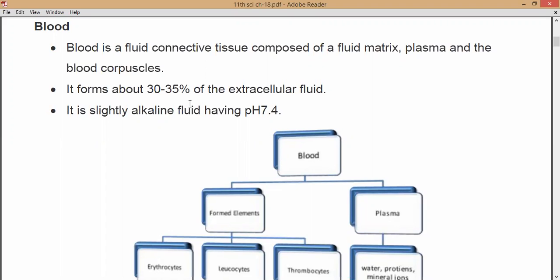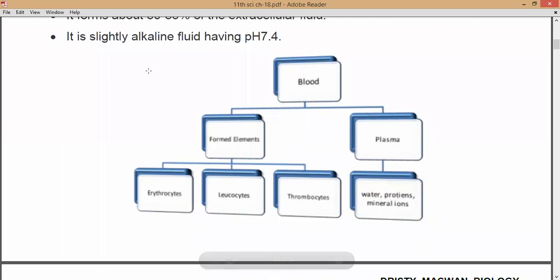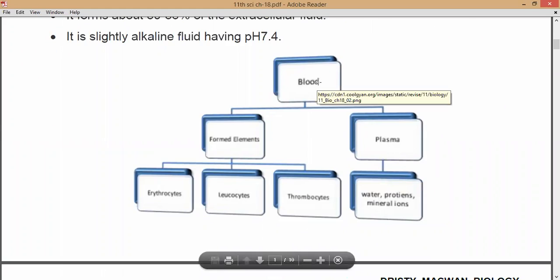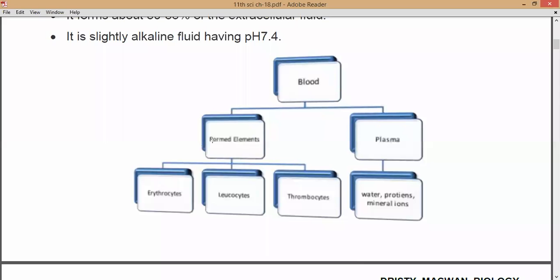That is 7.4. Now, as you can see over here, this flowchart explains that the blood is composed of two things: the formed elements, that is the blood corpuscles or blood cells, and the blood plasma. The blood cells contain three different types of cells: first is erythrocytes, second is leukocytes, and the third is thrombocytes.